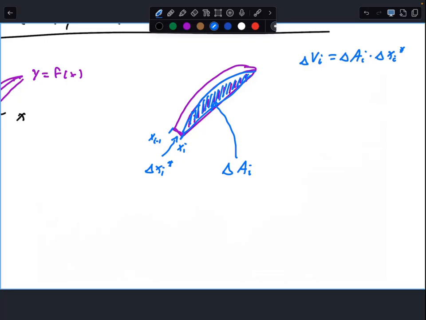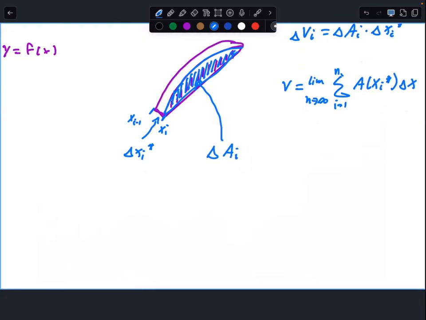So volume is equal to the limit as n approaches infinity of the summation from i equals 1 to n of A of x sub i star times delta x. We can just use delta x because it doesn't matter what that width is; if it doesn't matter, we can keep them all the same.